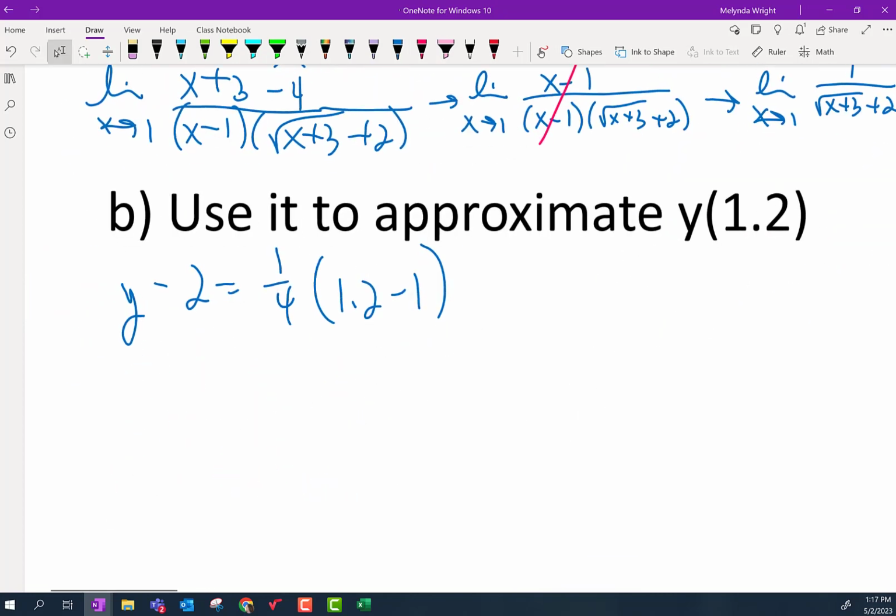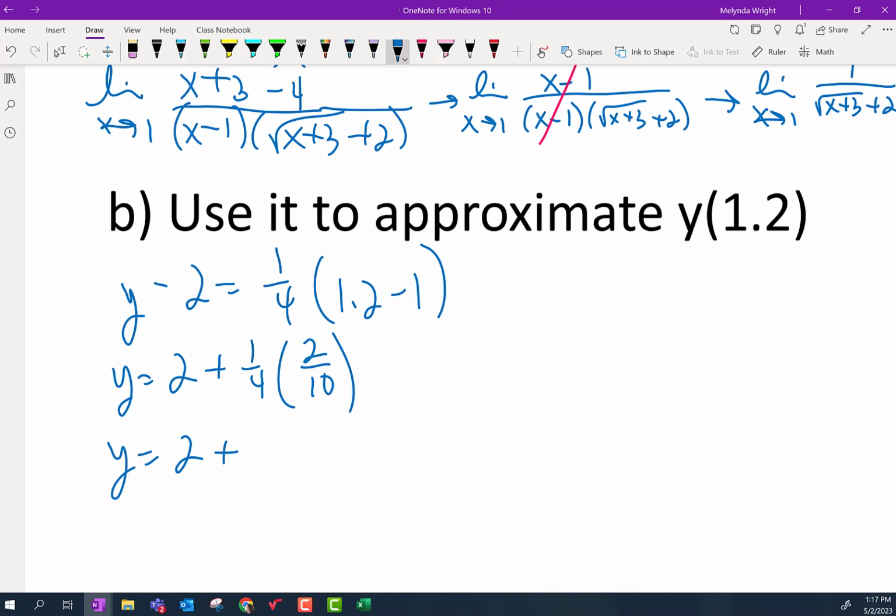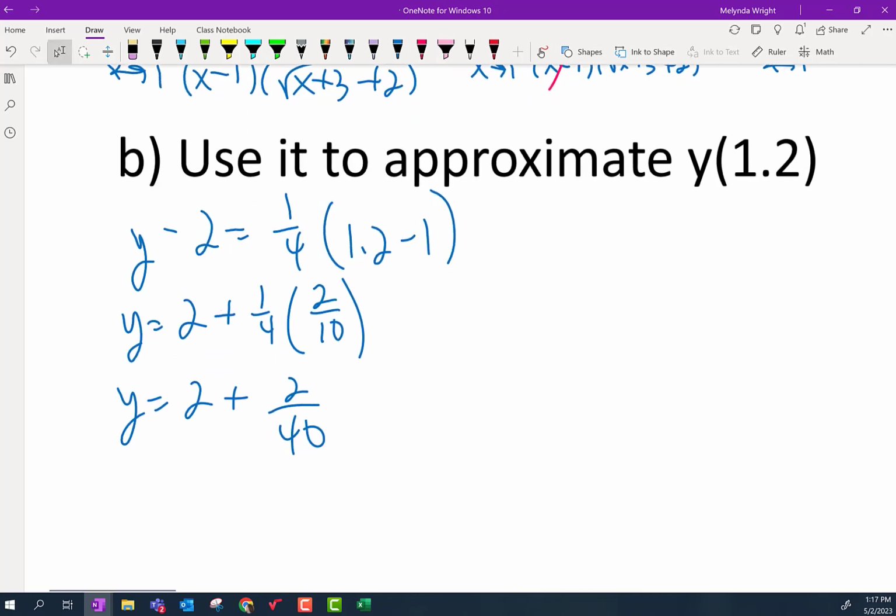Okay, so let's focus on that. So basically y equals 2 plus 1/4 times, let's see, 1.2 minus 1 is 0.2, and I would rather have it as a fraction. That's 2/10. So that is 2 plus 2 over 40, which is 2 plus 1/20.